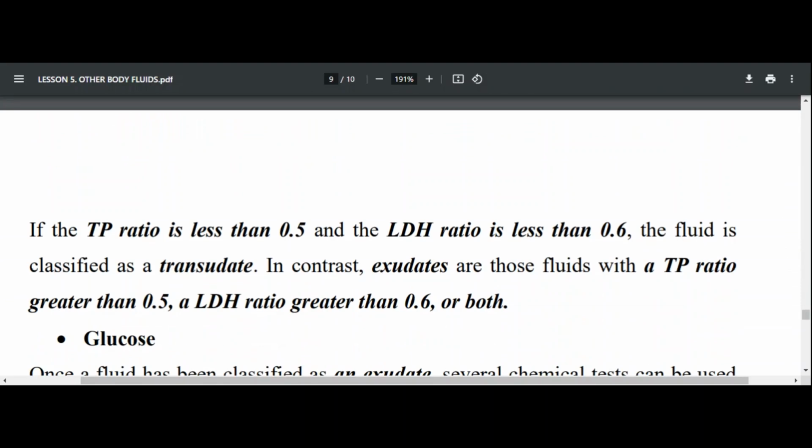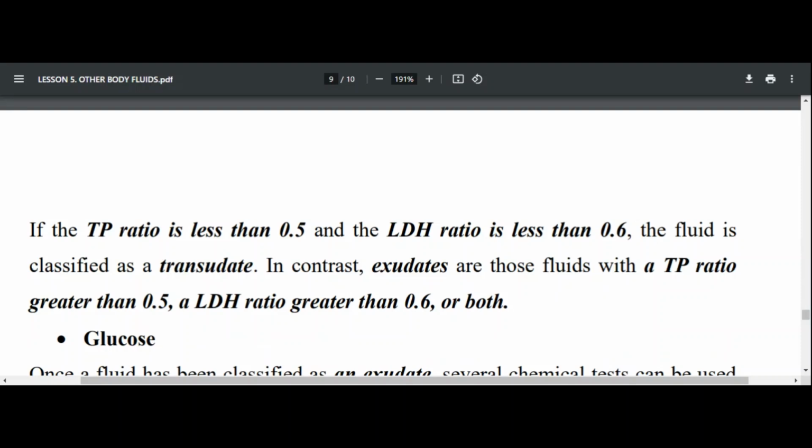So if the ratio of total protein between fluid and serum is less than 0.5, and the LDH ratio is also less than 0.6, the fluid is classified as transudate. So what does this mean? It means that protein in the fluid, before we classify it as transudate, is very much less than that of serum, because it is 0.5, right?